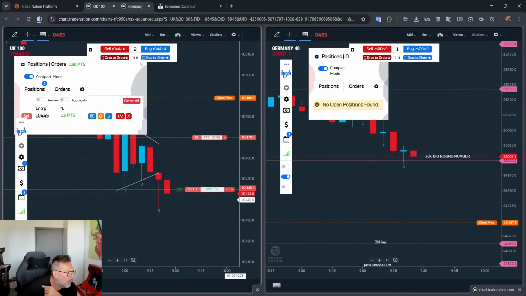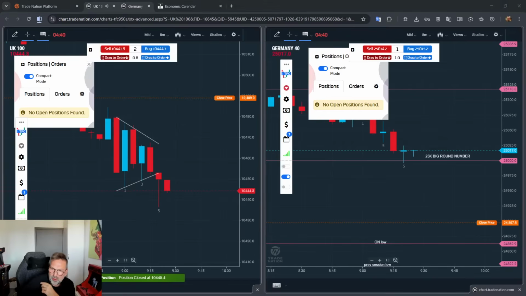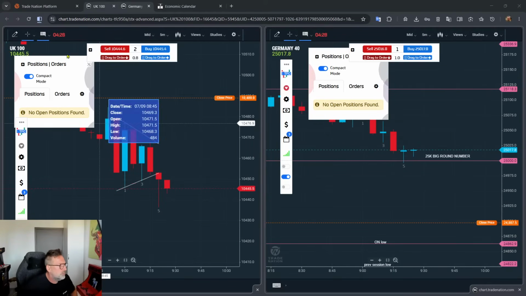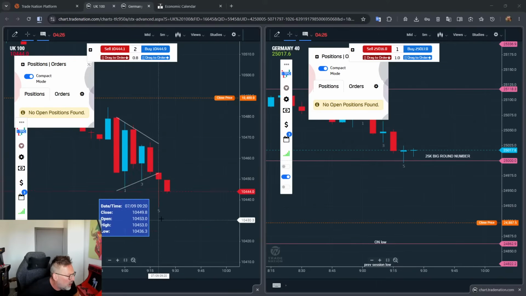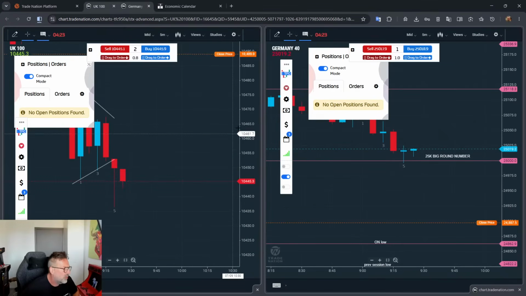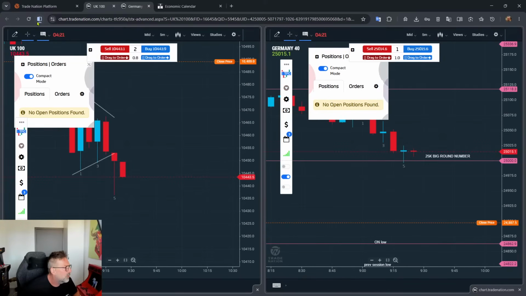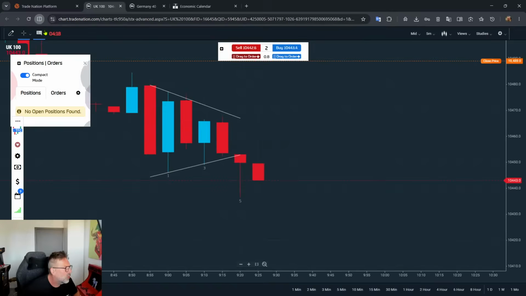Okay. Ladies and gentlemen, I personally will close the FTSE here. Closing FTSE for a scratch. I really don't like this bar here. So if it still breaks, lovely, but I don't want it.